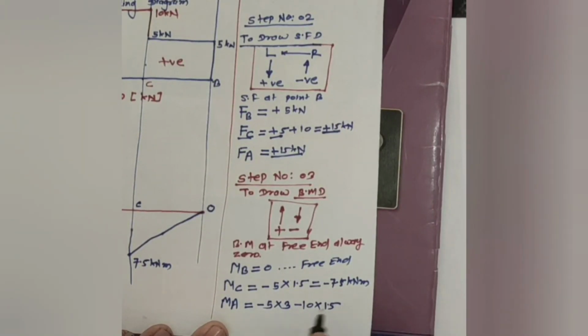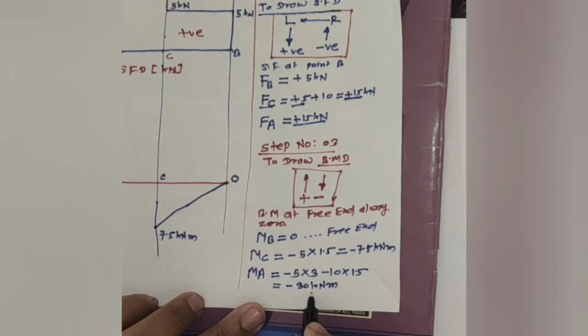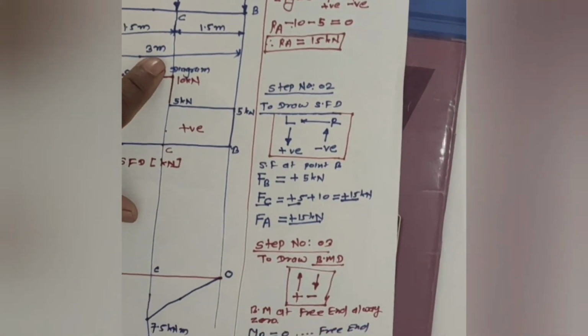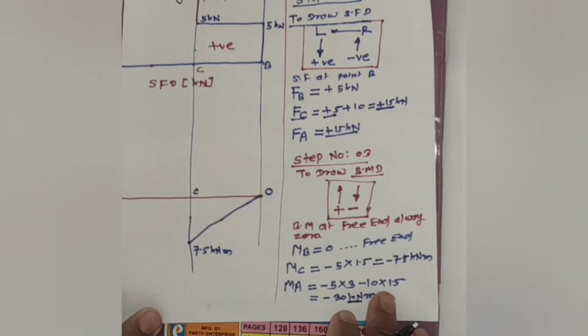This is equal to minus 30 kilonewton meter. Why kilonewton meter? Because force is in kilonewton and distance is in meter, that's why bending moment is in kilonewton meter.